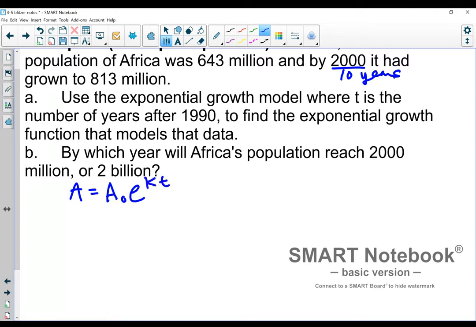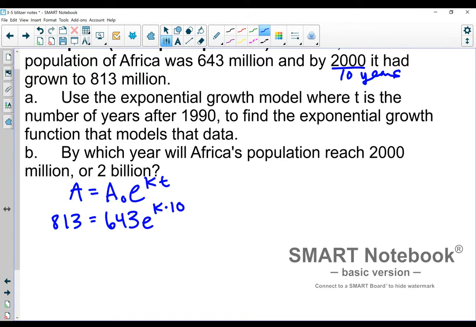So I know that after 10 years, I have 813. So I'm going to write down that 813 is my amount here. My initial amount, that A naught, is 643. And this happens after 10 years. So I have e to the k times 10 power.